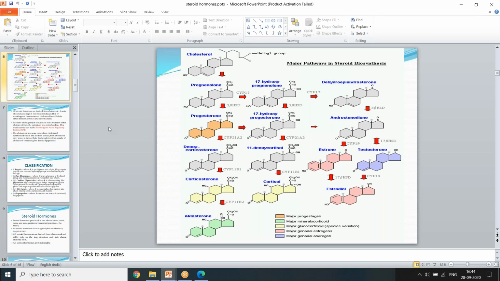Now, is it that only the male has testosterone and the female has estrogen and progesterone? No. If you go back to the anatomy and physiology that you studied in the first year, you will recollect that all three hormones are present in both the male and the female. However, it is technically right to have a high concentration of estrogen and progesterone in females and a high level of testosterone in males.